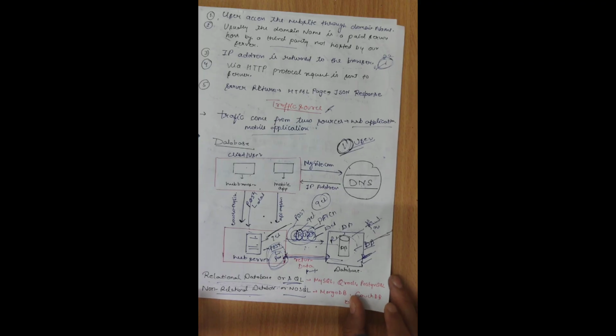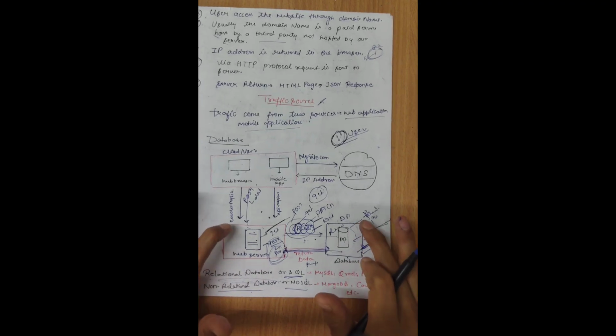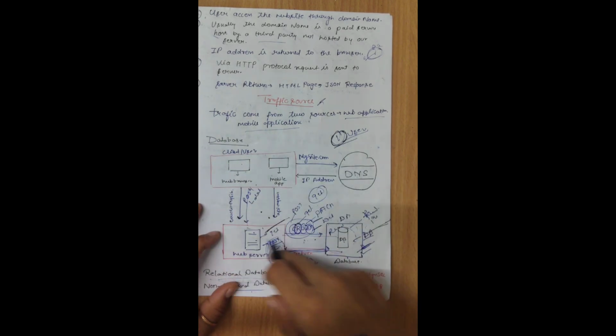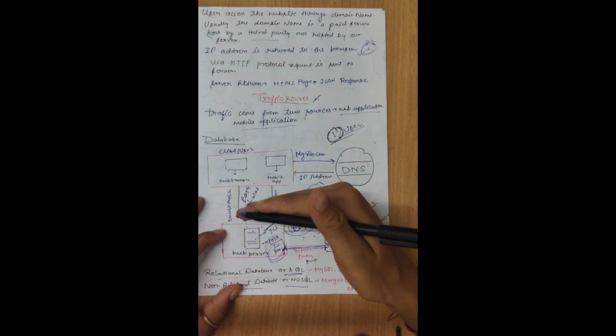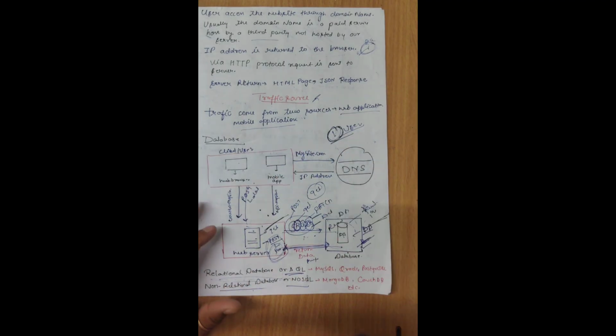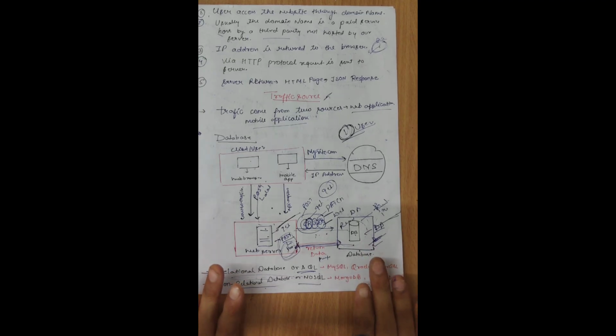So this is the core, this is from where we start the architecture. We will stick to this architecture and gradually we will make improvements in it. So I hope you understood this part. This is the basic level of architecture that we have to start with.